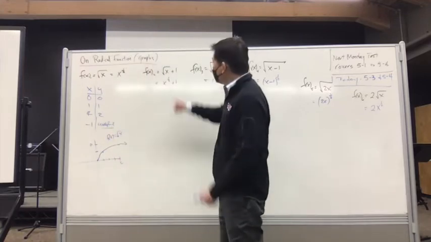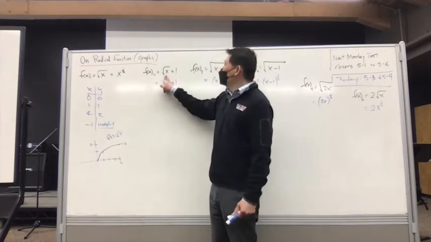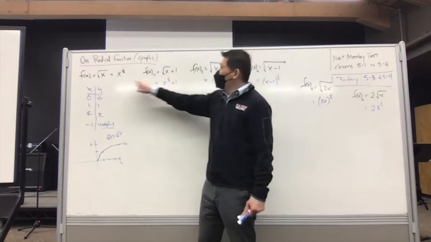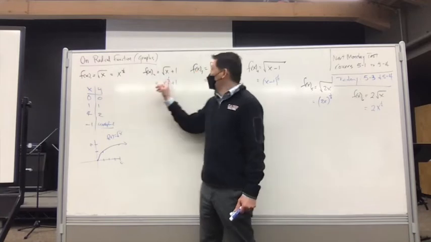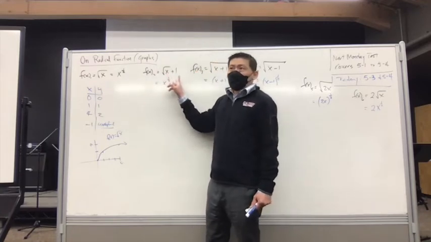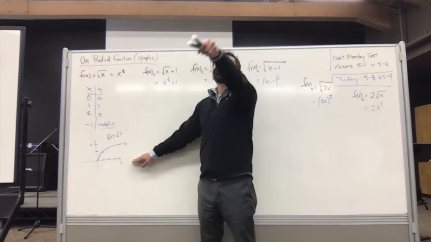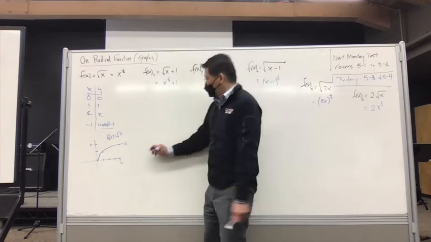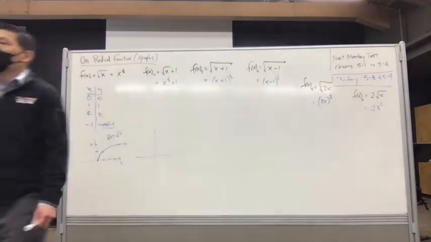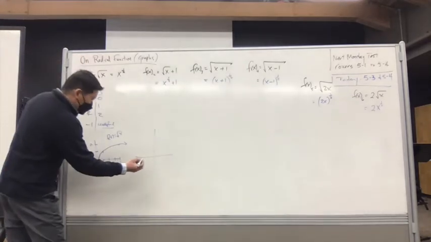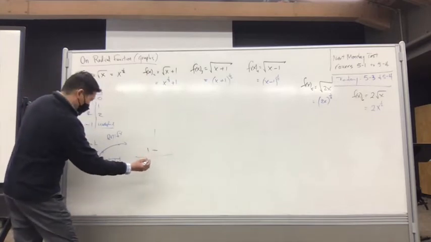So the question is, what does that extra 1 do to this graph? What do you think? This is the base graph, and for every single number that we come up with on the original function, we just add an extra 1. If we add an extra 1, what happens to the graph? Shifted up, right? So you would assume, without getting into numerical details, that everything would shift up by 1.